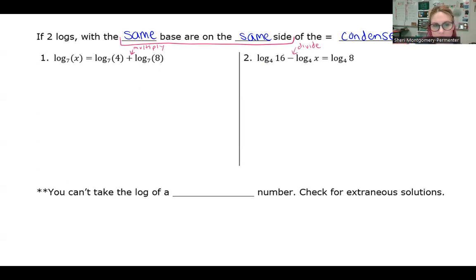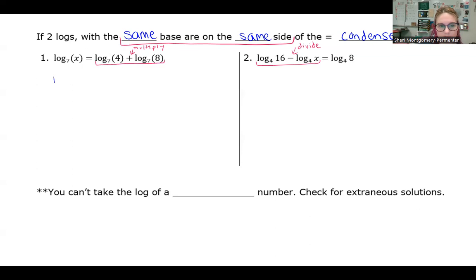So first thing I have to do is put this together and I have to put this together. I'm not going to talk it out loud because we should know how to put them together. I want you to put them together on your own paper and then look up so that you can check.